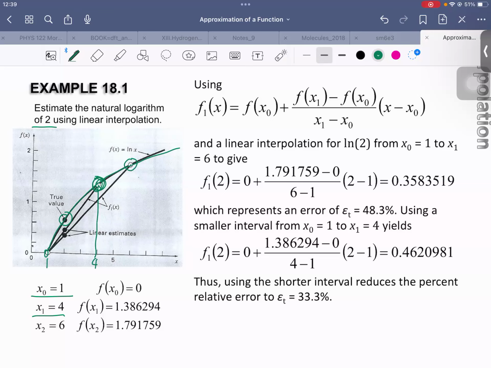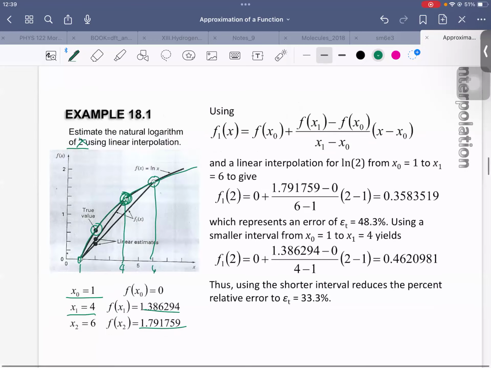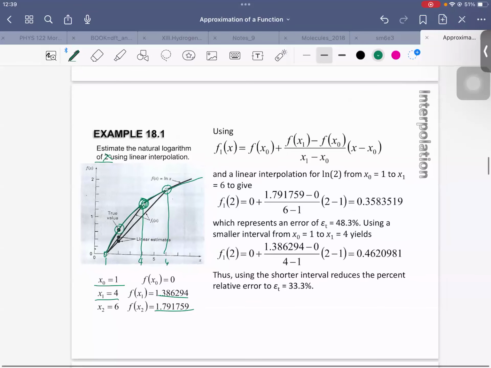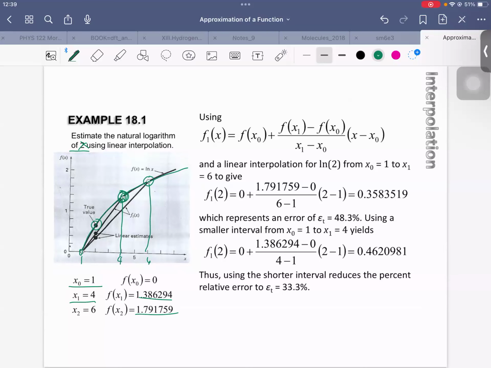Then another, of course, later, kung gusto mo i-extend yung interpolation, like for example, up to here, that is 6. Okay? Now, getting the values of those, madali lang kasi ln, hold on, this should be x. Okay? All right, so palitan mo lang sa ln, you will have these values. Okay? For x1 and x2. For x0, madali lang naman. ln of 1 is 0 lang din kasi 1.